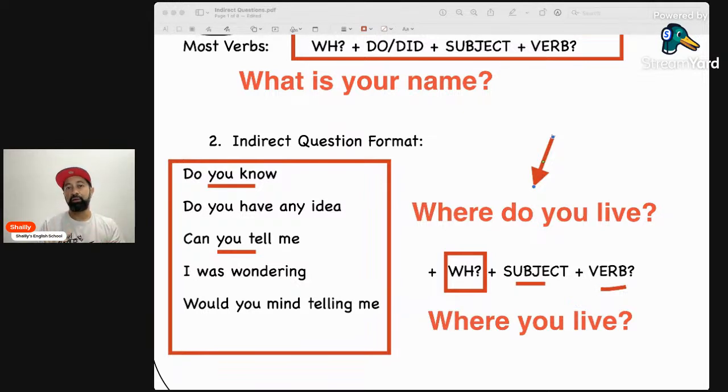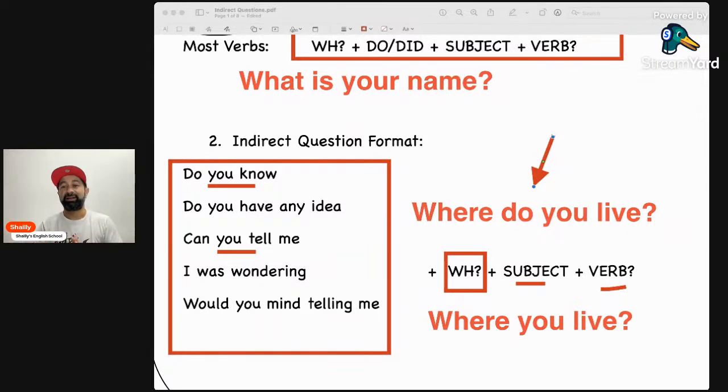Do you know, I use this phrase if the person I'm talking to might not know the answer. For example, if I'm walking on the street and I need to go to the train station. I don't know this area.